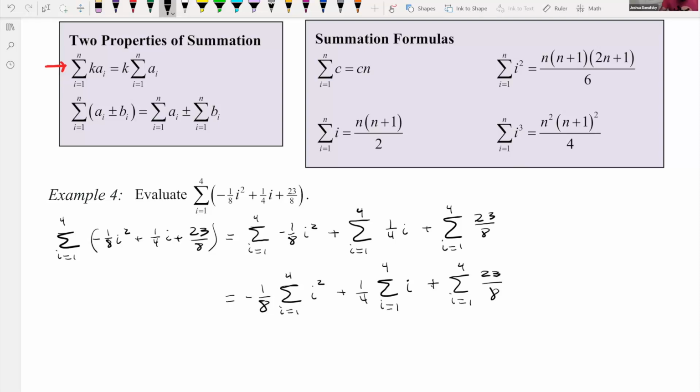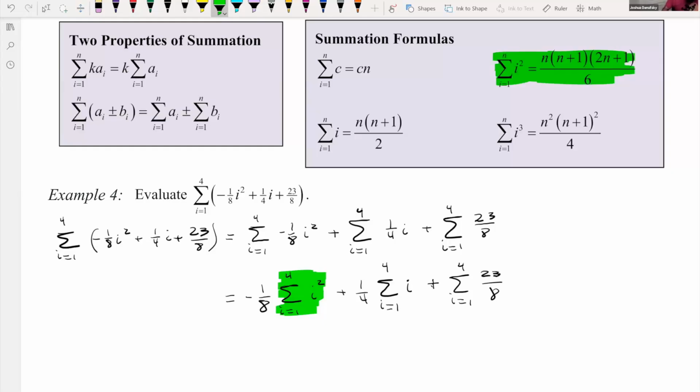So now that we have it split up like this, we can use our summation formulas. And so we're going to go ahead and start with this one right here, right? We're going to add up a bunch of i squareds, and we just so happen to have a formula for that right there. So we're going to start with this guy.